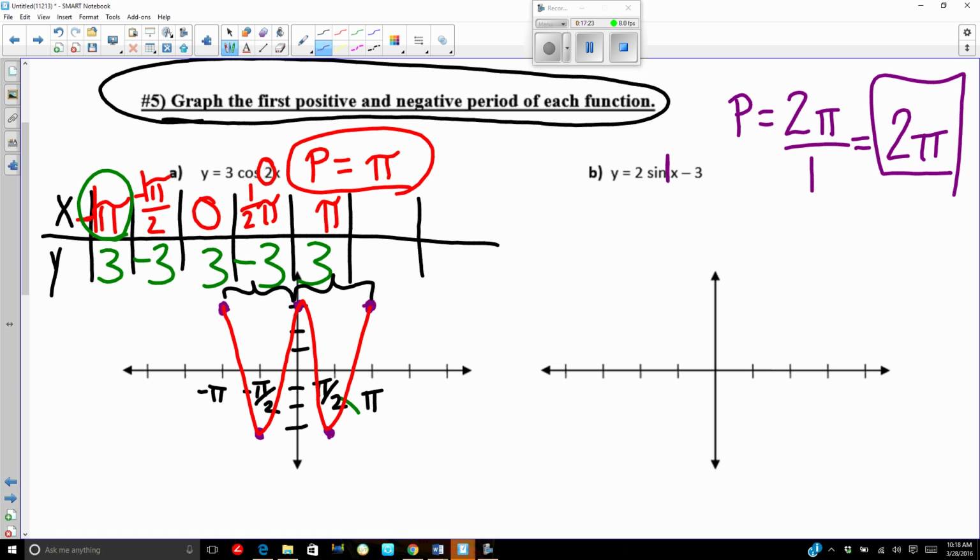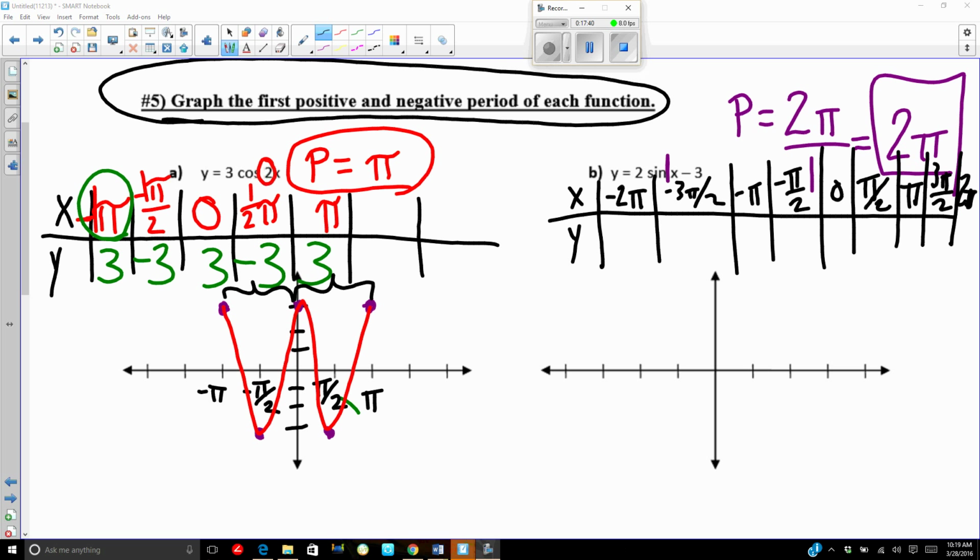So that means this one we're stuck with drawing our normal XY table of values chart. Because the first period in the negative direction has to go all the way to negative 2 pi. Then we've got to go all the way to the right side and get to positive 2 pi because that's the first positive period for this function.